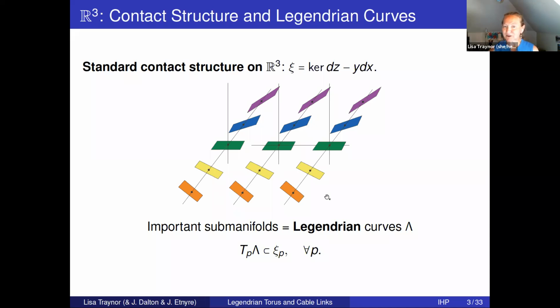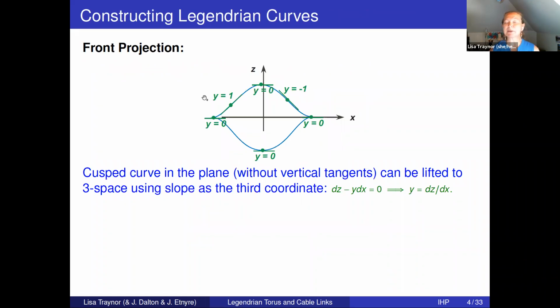Again, we want these curves that are always tangent to the contact planes. Usually I'll draw them in the front projection, so they have these cusps and sit in the XZ plane. These cusps are just a fact of the projection. I'm just looking at it from a particular angle where it looks like it has a cusp, but if I twist it a little bit, these are really smooth. I'm always listing with the slope condition here.